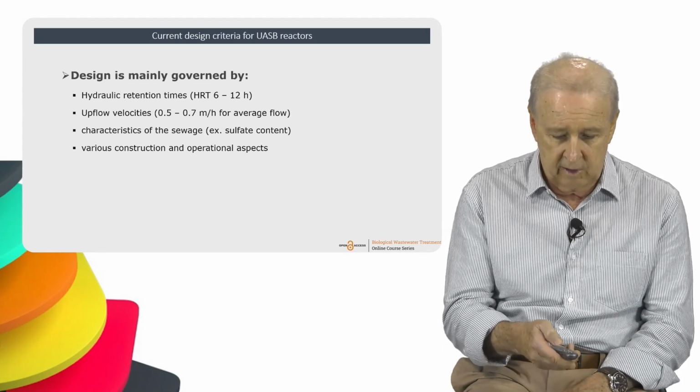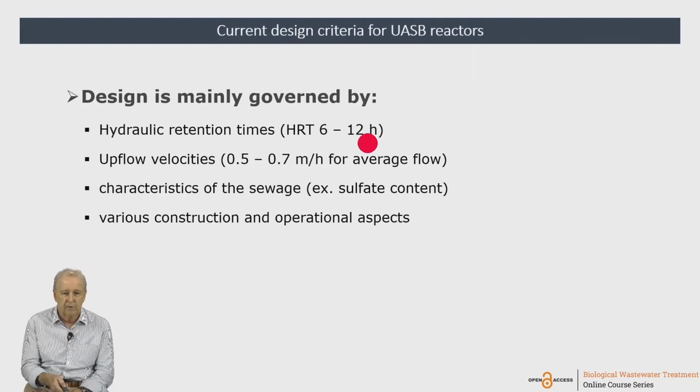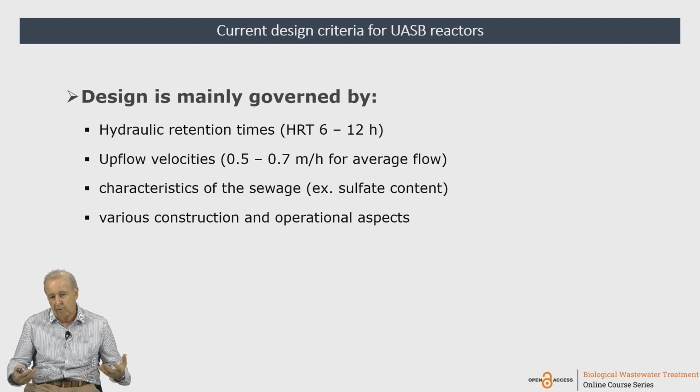The upflow velocity is very important for the design, because if the upflow velocity is above, for instance, 0.7 meters per hour, we're going to have a tendency of washing out solids from the digestion compartment to the settler compartment. And during peak flows, we have the risk of losing too many solids.